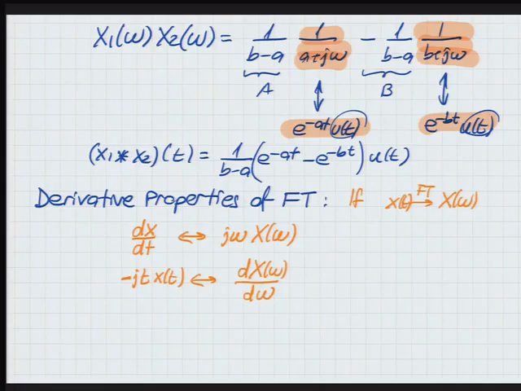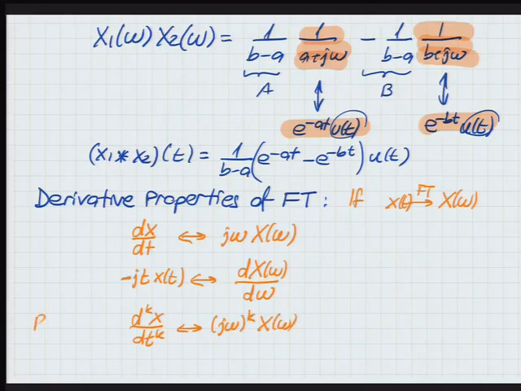In fact, we can use these things repeatedly, right? So what if I were interested in the second derivative of x, d squared x/dt squared? Then I would have to multiply with j omega twice. So you can take the kth derivative, d^k x/dt^k. That just suggests that you will have to multiply with j omega k times.